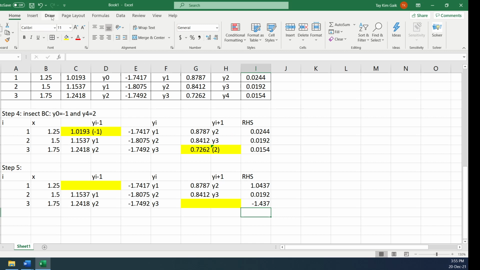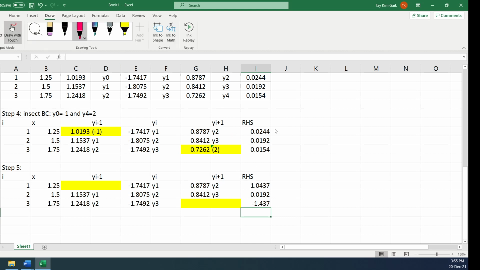If you cannot understand, it's actually from here you can update it to become negative 1.7417y1 plus 0.8787y2 equal to 0.0244. This thing, this is minus, bring to right hand side become plus 1.0193.